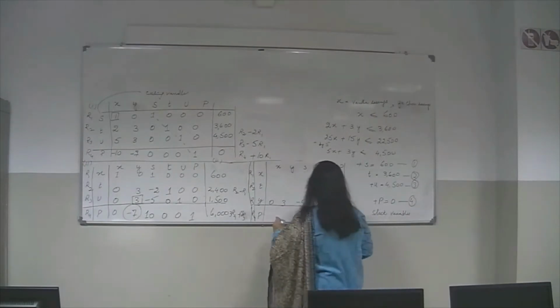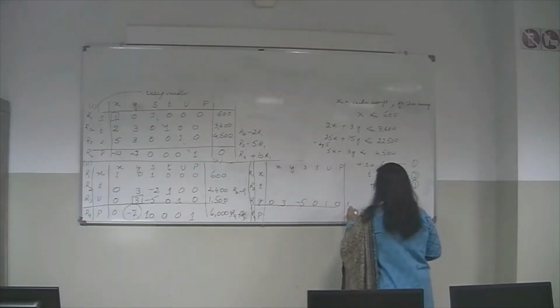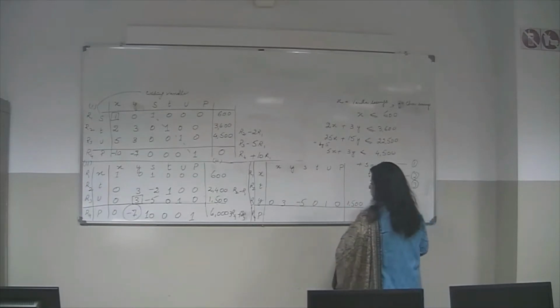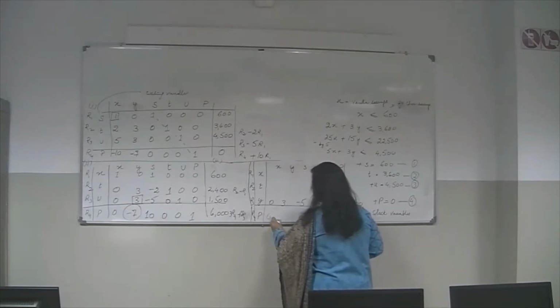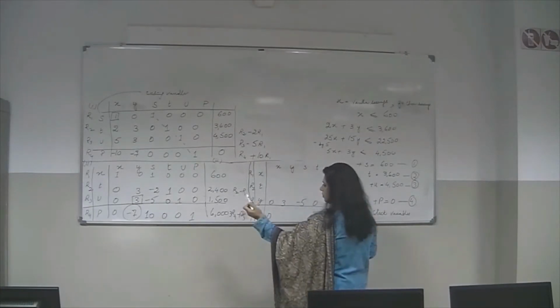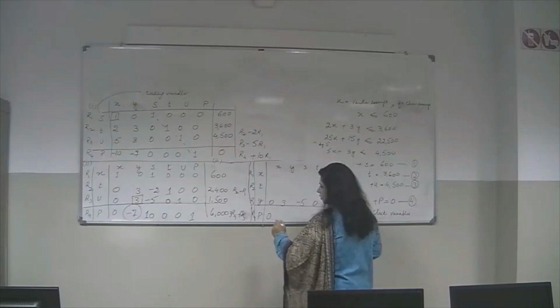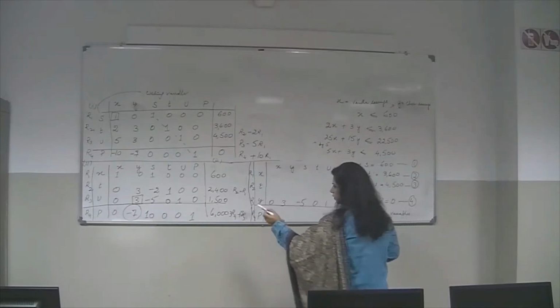Now this is 1500. Okay. The first one was 0 because 0 minus or plus 0 gives you the same, it doesn't change anything.